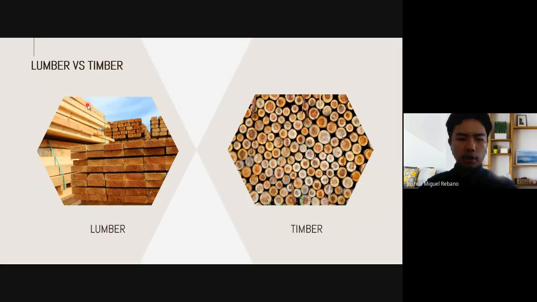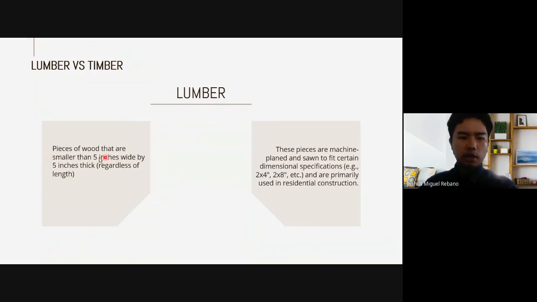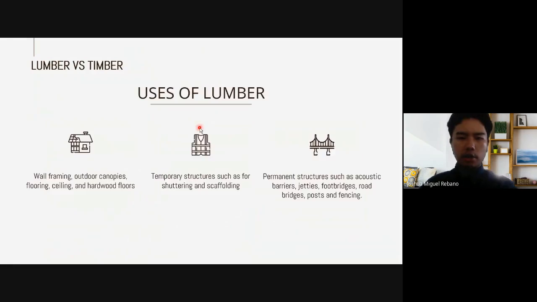Next we have the difference of lumber versus timber. Timber generally is wood that is over 5 inches thick and 5 inches wide, and is often used in bigger infrastructures because of its size. And lumber is the smaller kind, smaller than 5 inches wide and 5 inches thick, which is mostly used for residential purposes.